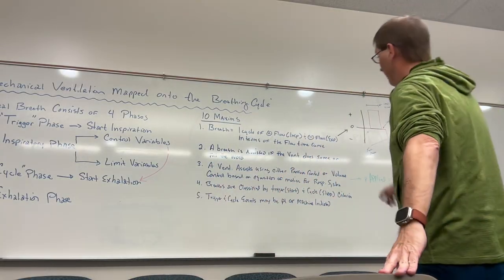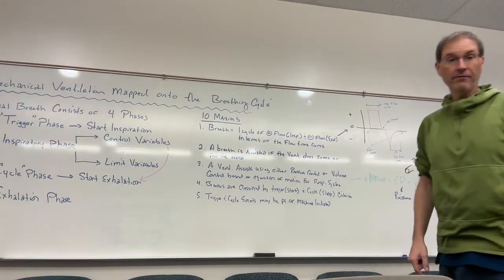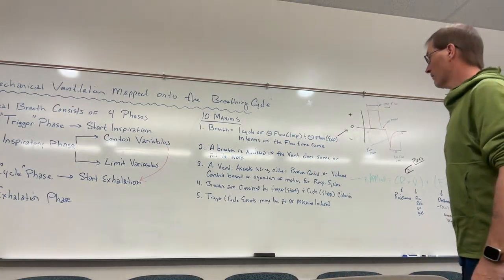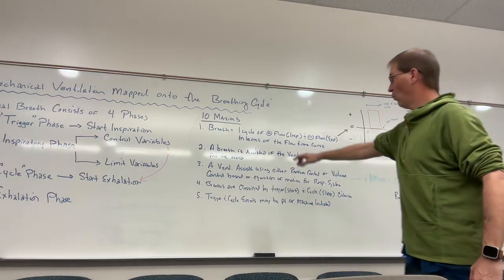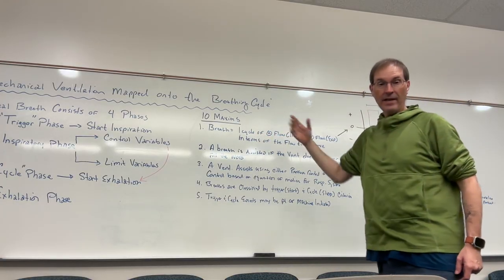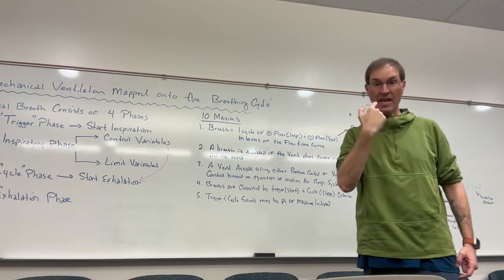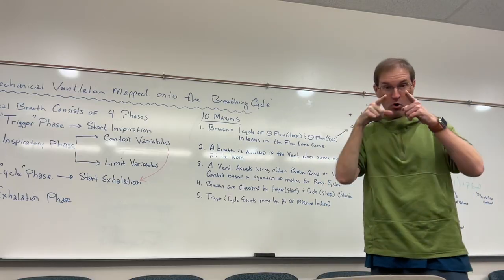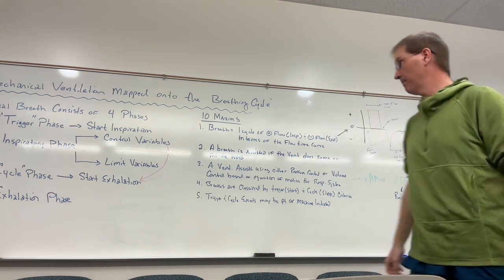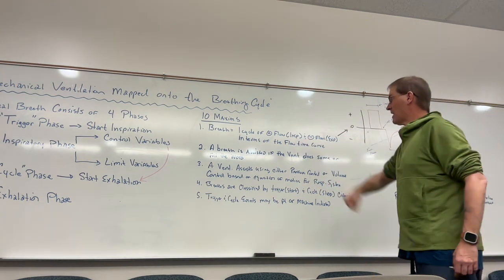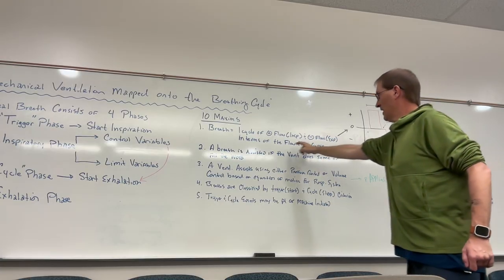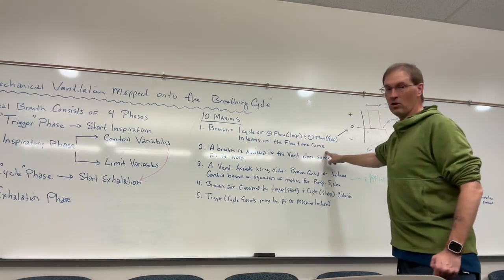Maxim number 1. How do we define a breath? What is the universal definition of a breath? The universal definition of a breath is going to be one cycle of positive flow, that is flow that is being delivered into, positively pushed into the respiratory system, i.e. inspiration, and negative flow, expiration, in terms of the flow time curve.